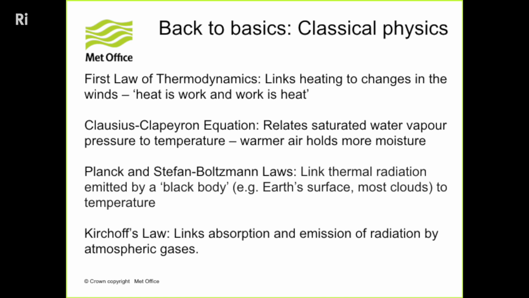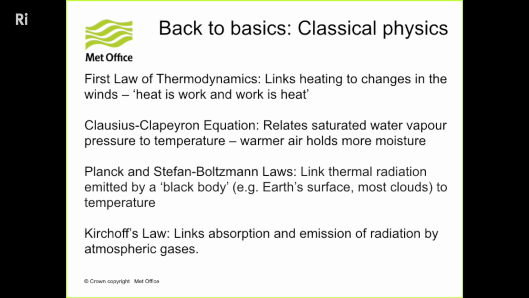We have the Clausius-Clapeyron equation, rather a mouthful, but that actually relates saturated water vapor pressure to temperature. In other words, warmer air holds more moisture. And you hear a lot of people talk about that when we think about the impacts of climate change on rainfall. It's that equation that just says warmer air holds more moisture. And therefore we should expect more rainfall as the planet warms.